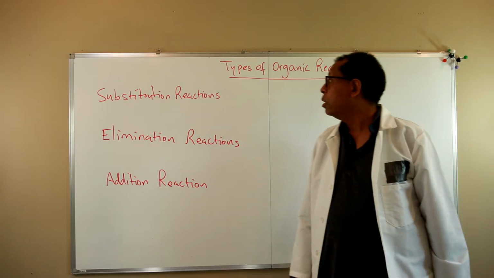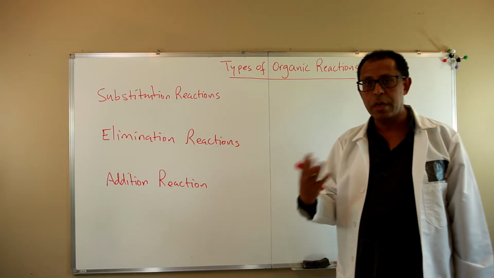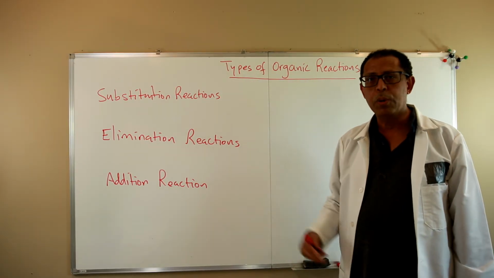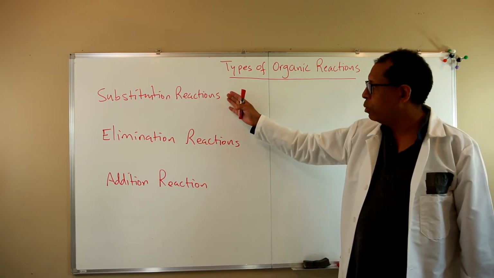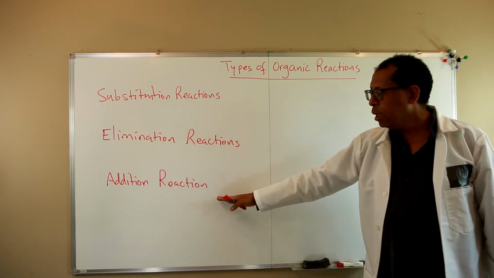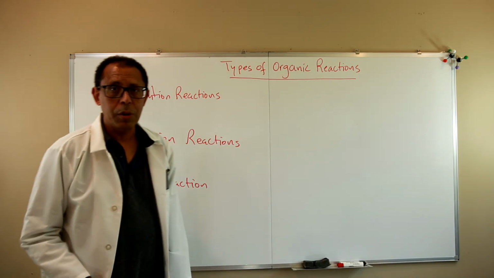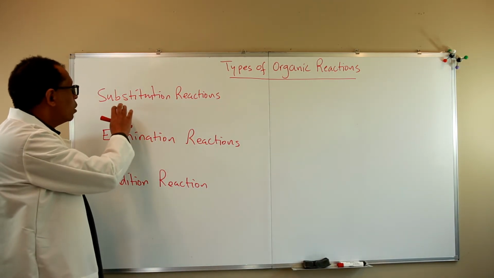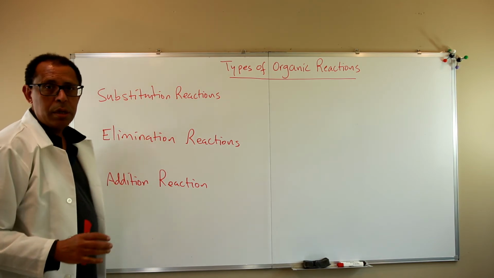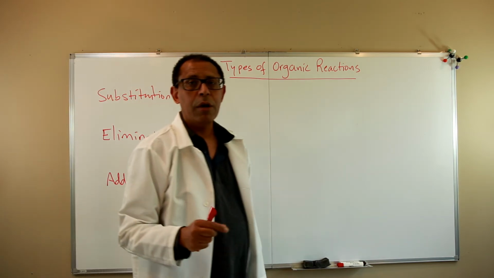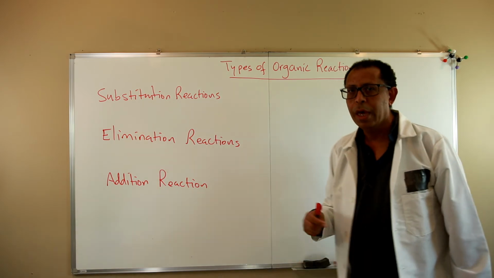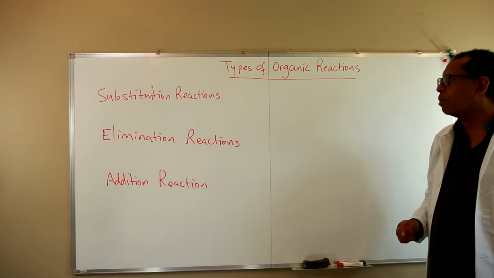Continuing our discussion on the types of organic reactions, broadly classified as substitution, elimination, and addition reactions are mostly what we encounter in organic chemistry. A substitution reaction involves the breaking of a sigma bond and the making of another sigma bond.